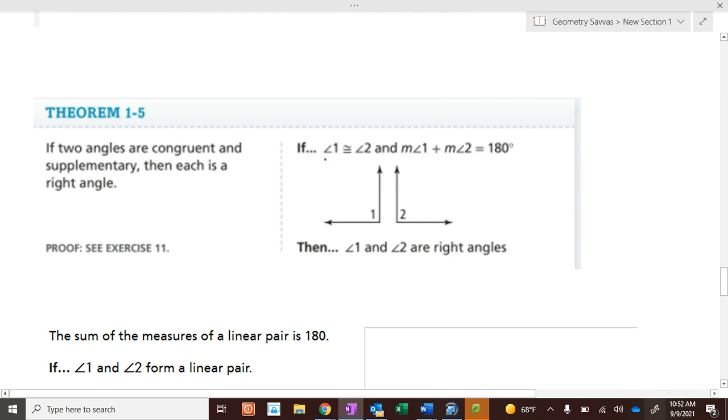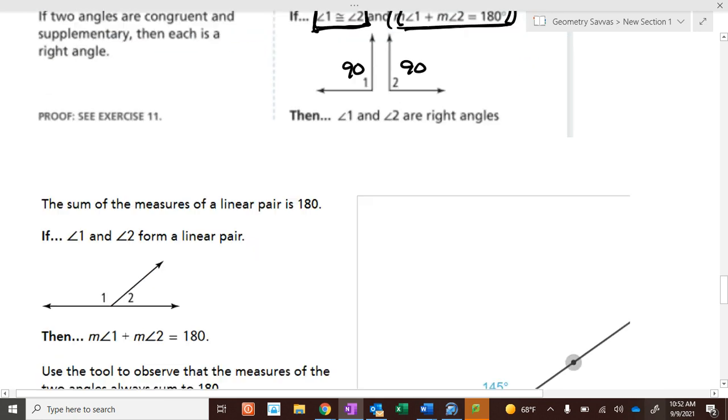If you have two congruent angles and they both add up to 180, they both have to be 90. Two angles that add up to 180 don't especially have to be each 90 degrees. But if you're told that they are congruent to each other and they add up to 180, they both have to be 90. That's another theorem.